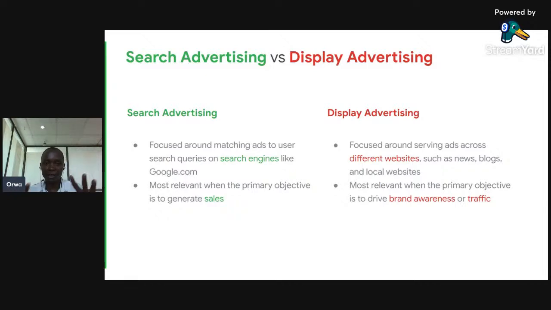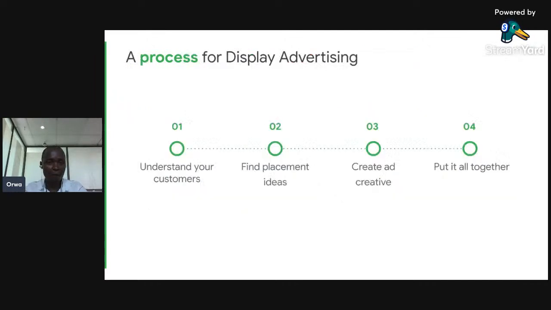So for a search ad to work, somebody has to search for something. For display ads to work, somebody only needs to go online through their favorite browsers and visit their favorite sites, and boom, the display ads follow you there. So that is the difference. I believe you got it. If you still have some challenges, share with us at the chat box. I will be happy to have a look at them.